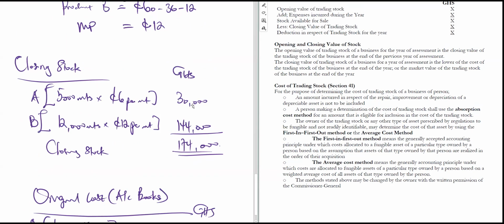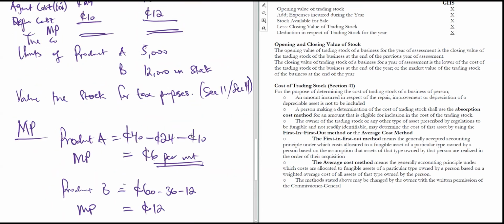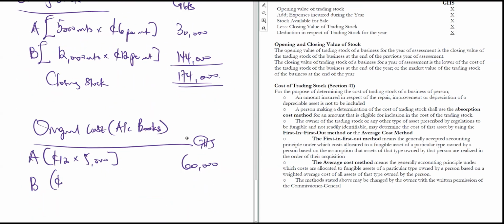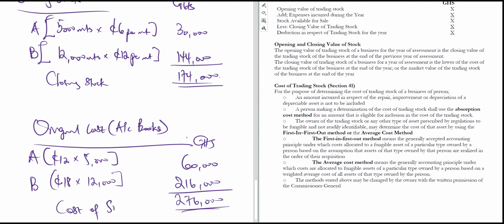Was it 18 CDs? Yes. Product B was initially at a cost of 18 CDs, but we had 12,000 units in stock, right? And that would be how much? 216,000. When you add it up, you get what? 276,000, right? As being the total cost of the stock.